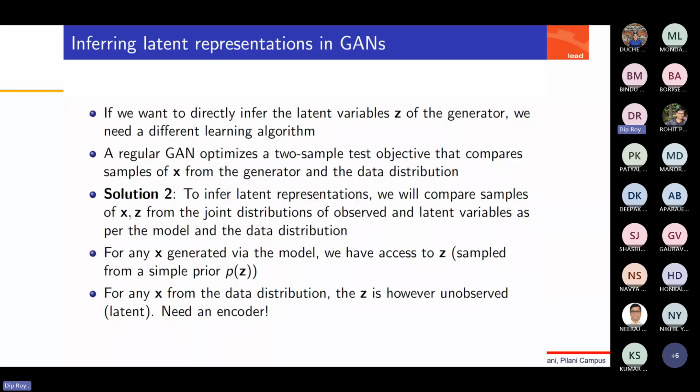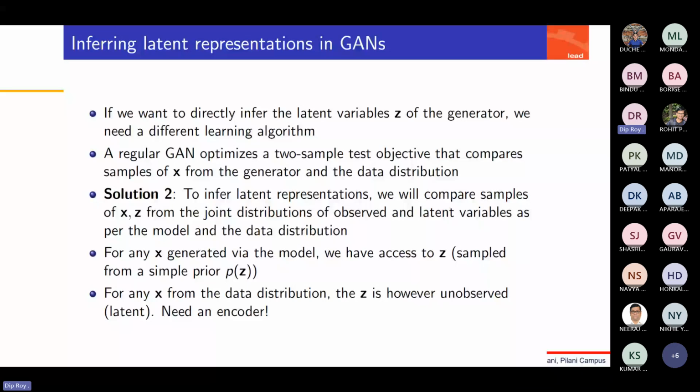The other solution is to infer the latent representation by jointly comparing samples of X and Z. So instead of just comparing the observed data and the fake samples, we can compare both the X and Z from the observed data and both the X and Z from the fake sample, and basically do a two sample test. That is one solution that we can have.